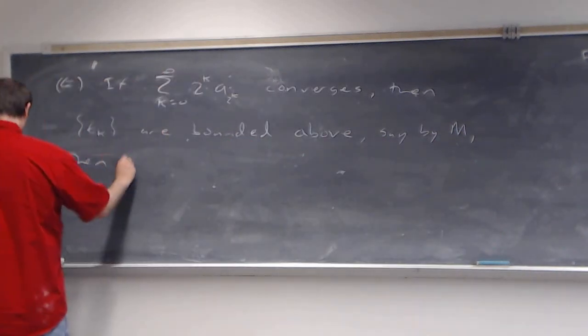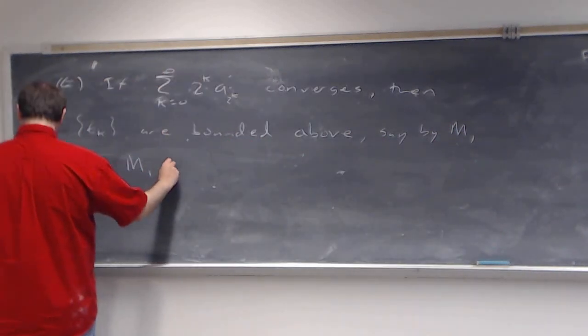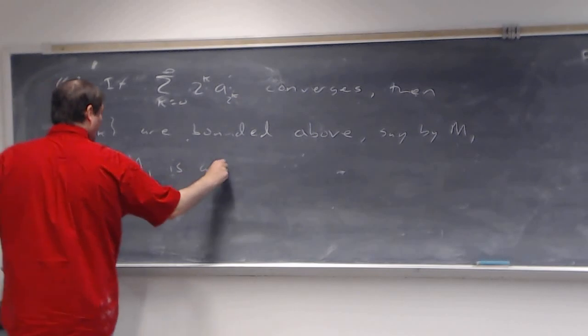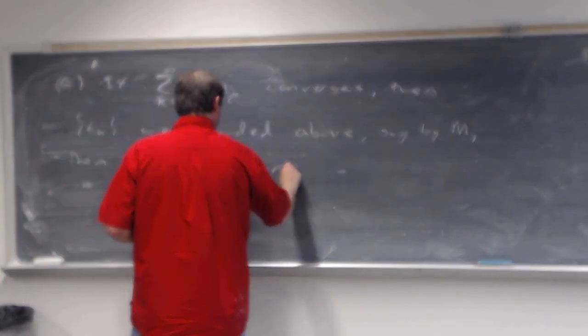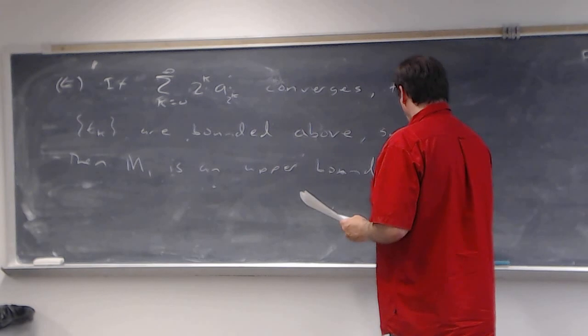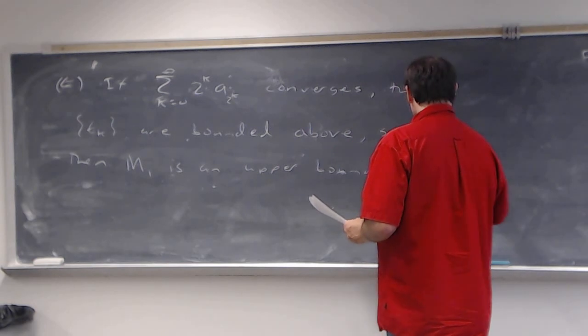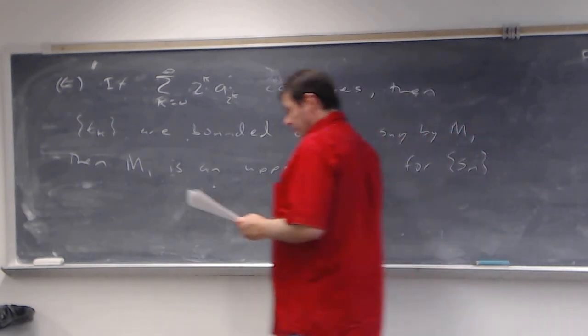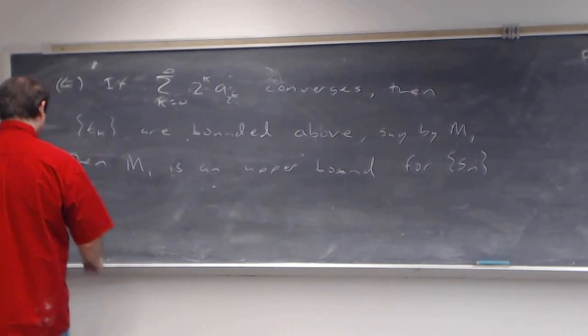Then m sub 1 is an upper bound for the sequence of partial sums for the other series, which we're calling S of n.